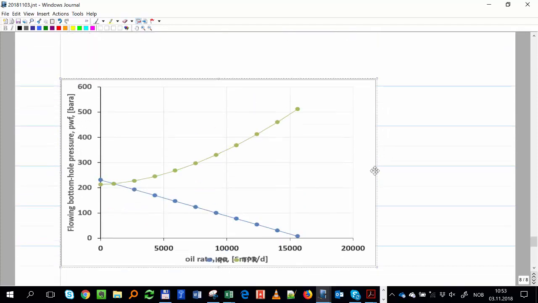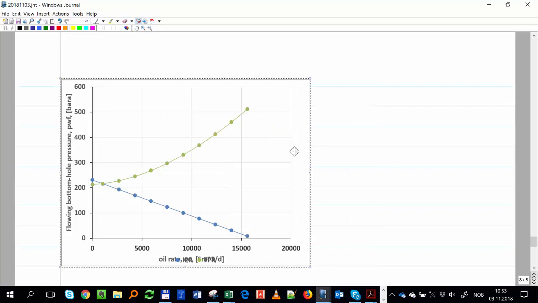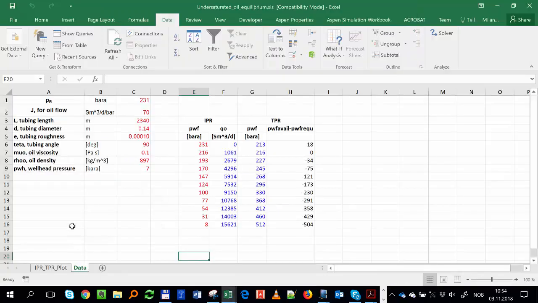Let's say separator pressure is something between like 200 psi all the way to maybe 800 psi, and in bar is between 15 or 20 all the way to maybe 50. Okay, so let's say what happens if now you use, instead of 7, if you use 20 bar.